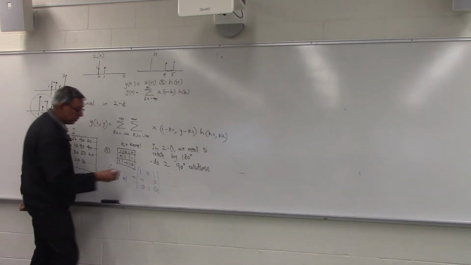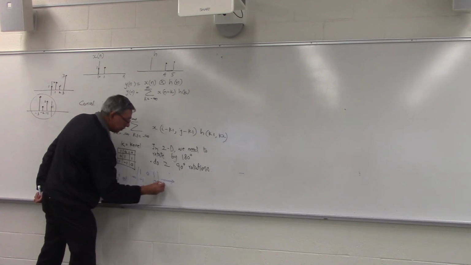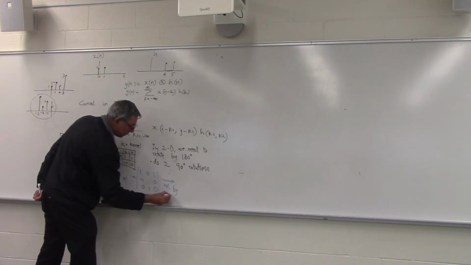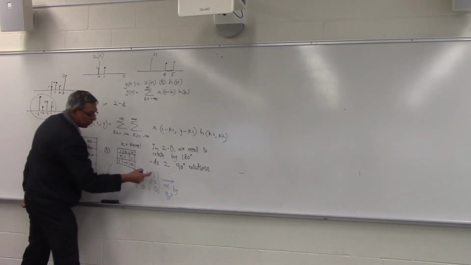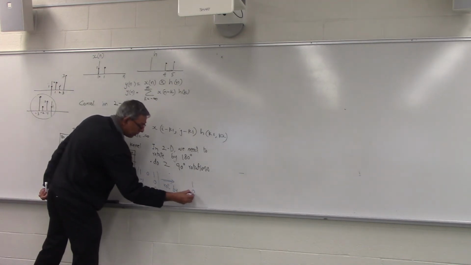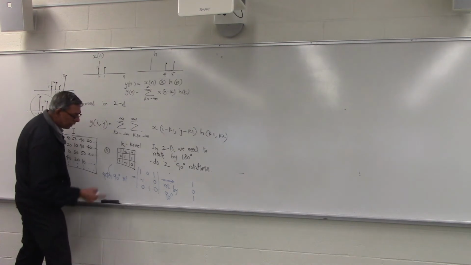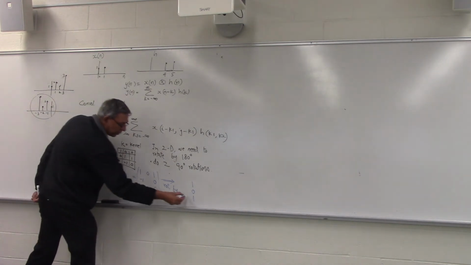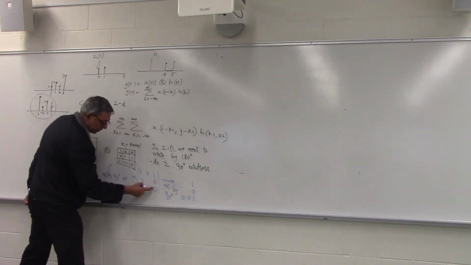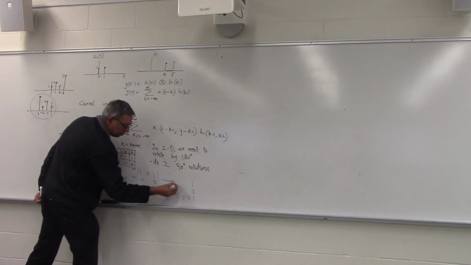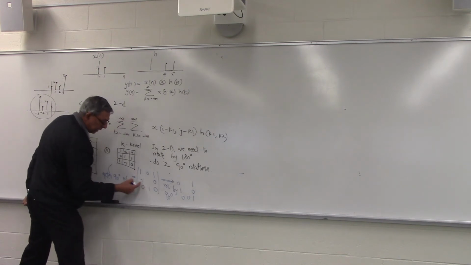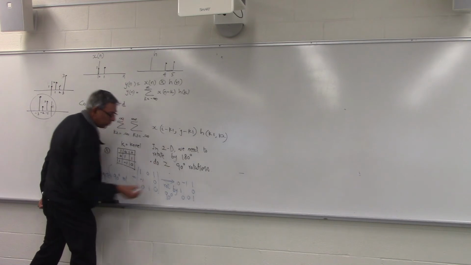Then if we further rotate it by 90 degrees, okay, move this 101 on the right. Okay, then 100, then 010, and lastly 0 minus 1, 1.